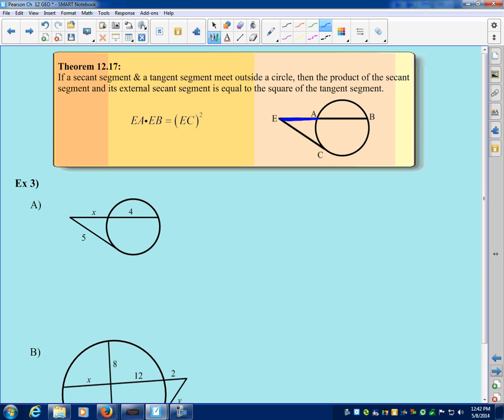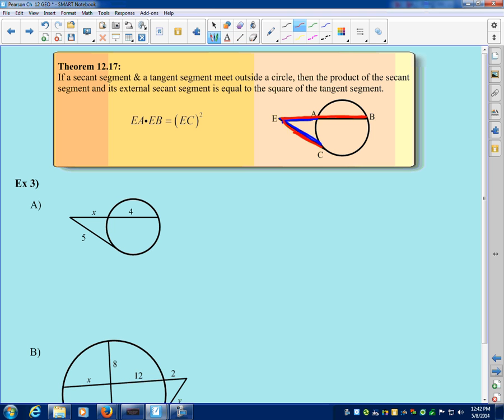So EA, here we go. This segment right here times the whole thing, that's what the left-hand side says, is equal to the outer segment times the whole thing. It just so happens that the outer segment and the whole thing on a tangent segment are the same thing, right?